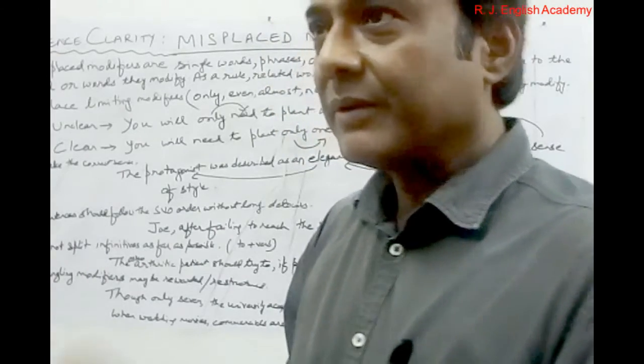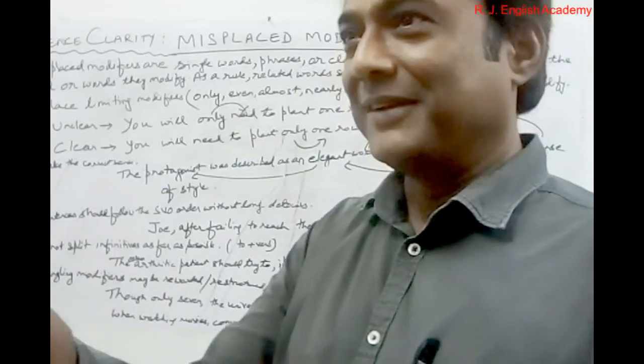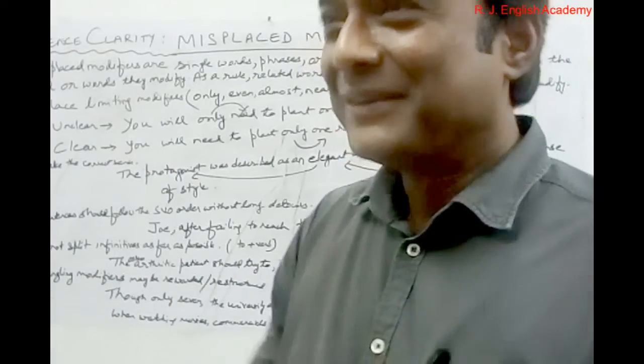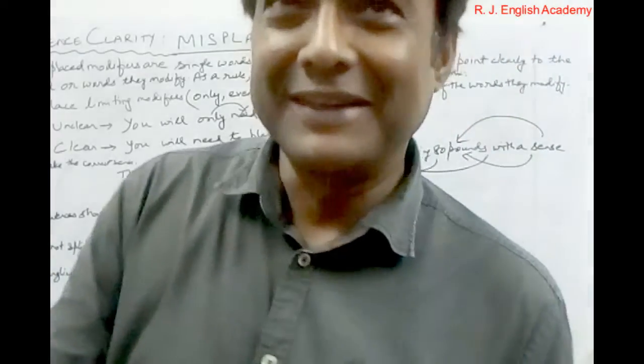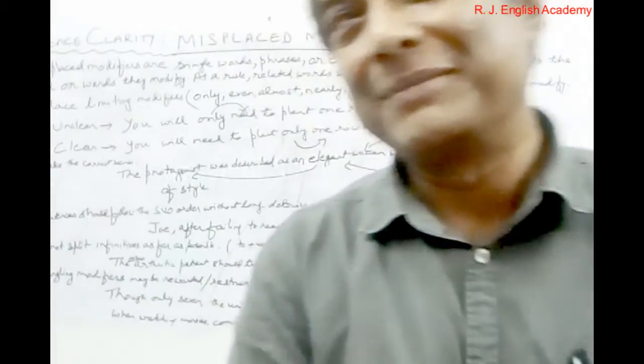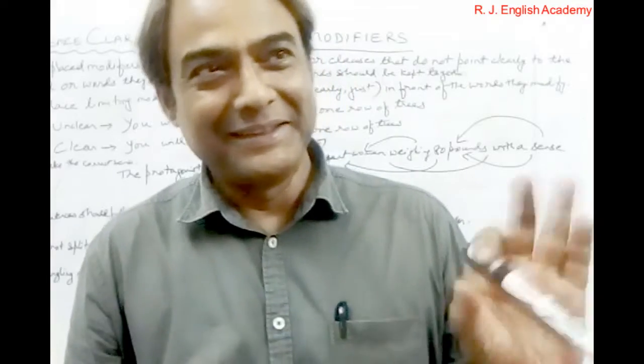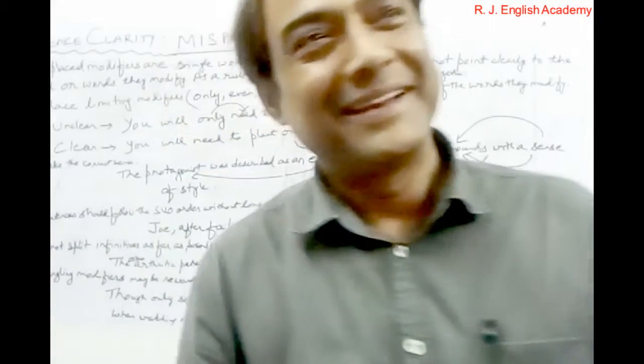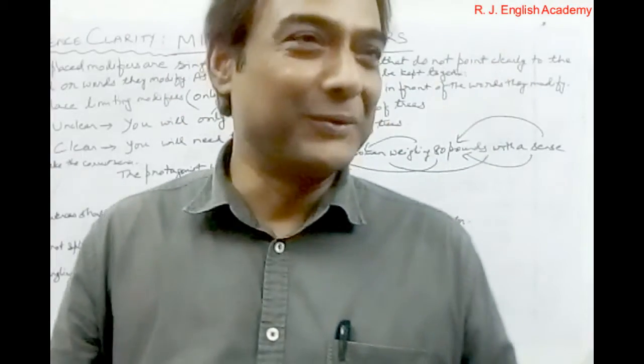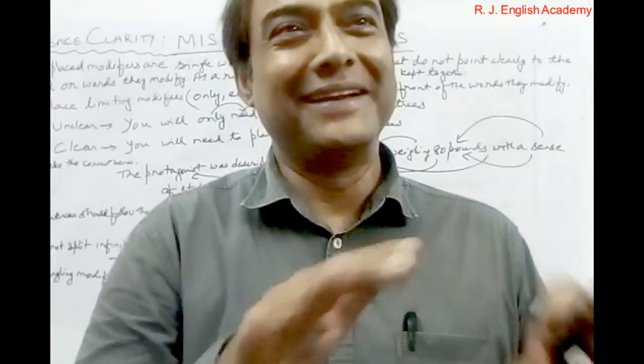Because who is 7? The university is not 7. The child is 7. Though only 7, the university accepted the child prodigy's application. Here it is unclear whether the university is 7. It's a dangling modifier. It dangles. It doesn't know where to go, where to land, where to rest its feet.